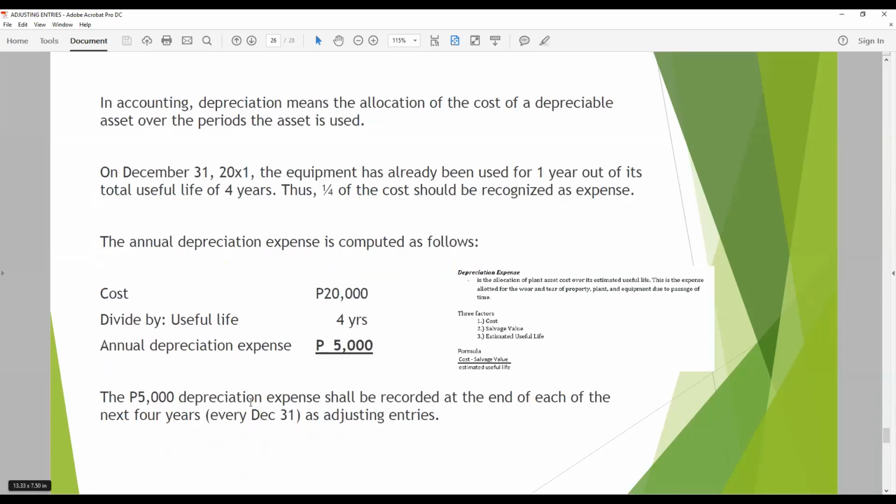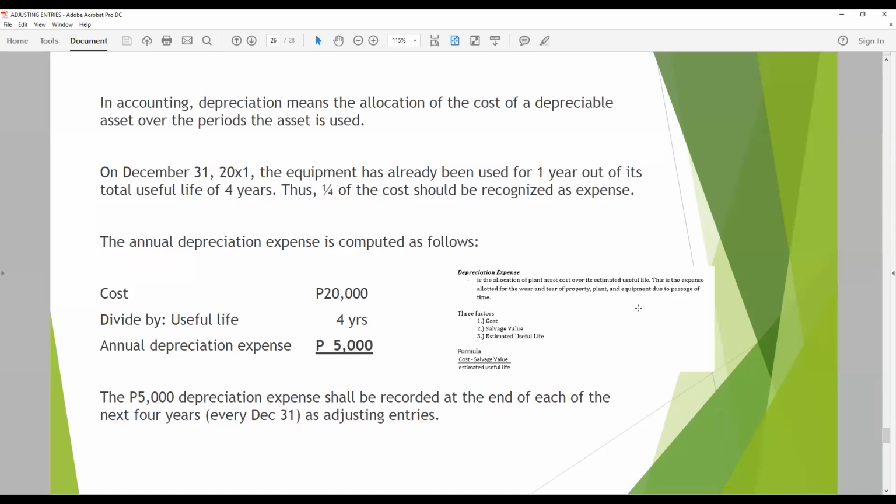So the 5,000 depreciation expense shall be recorded at the end of each of the next 4 years, every December 31, as adjusting entry. So depreciation is the allocation of plant asset cost over its useful life, estimated useful life.